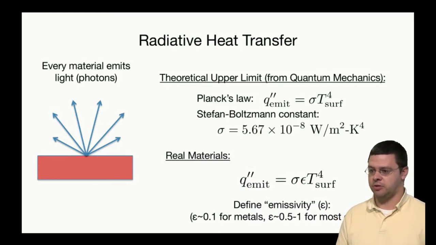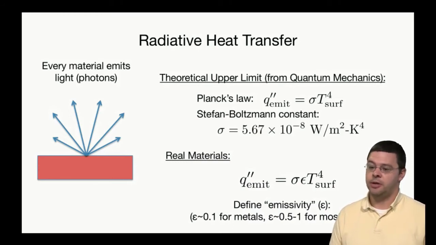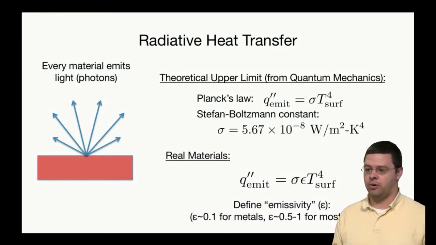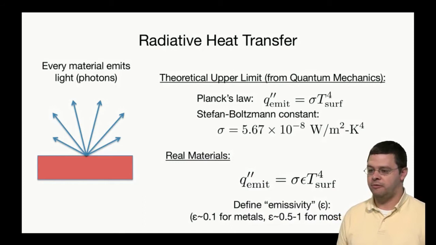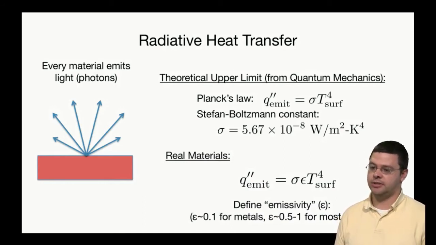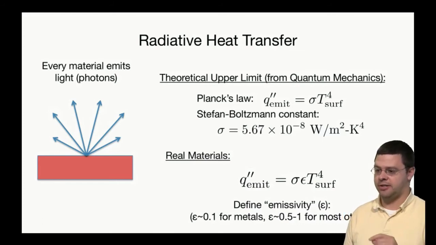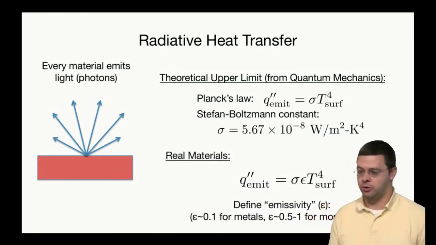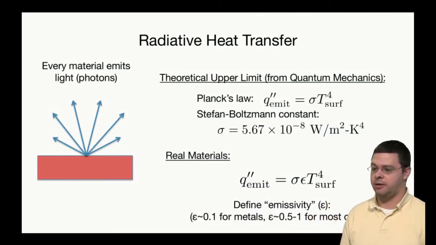This is a really famous relationship, Planck's law. So that constant of the universe is a well-known number. It's called the Stefan-Boltzmann constant, and it's pretty easy to remember: 5678. It's 5.67 times 10 to the minus 8 watts per meter squared Kelvin to the fourth, whatever units it takes to make it SI.